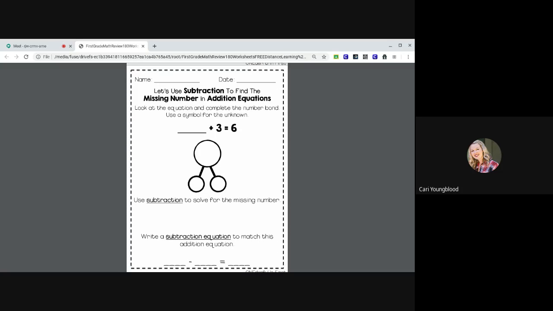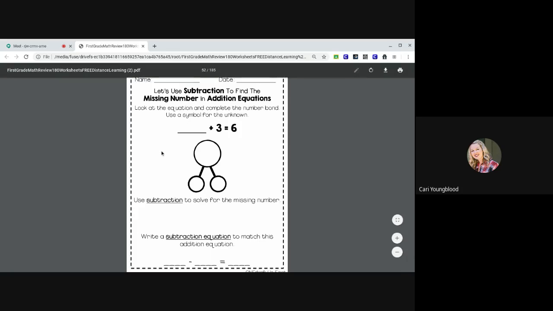All right, guys, we're doing the same exact thing. This one might be a little different because the known part is flip-flopped, but that's okay. Let's look at the equation and complete the number bond, and we're going to use a symbol for the unknown this time. So instead of just this empty line, you could draw a question mark or an X, something that symbolizes that we don't know what that is.